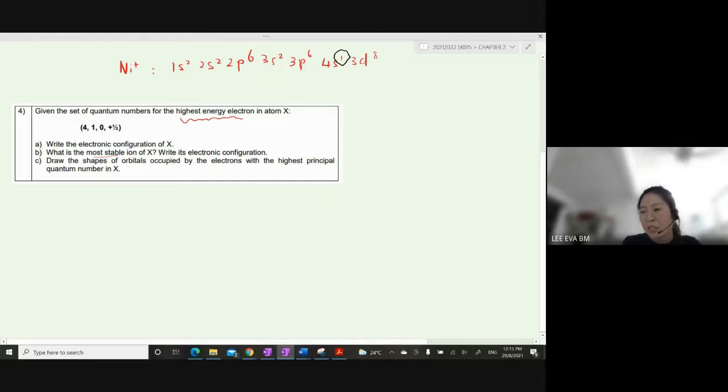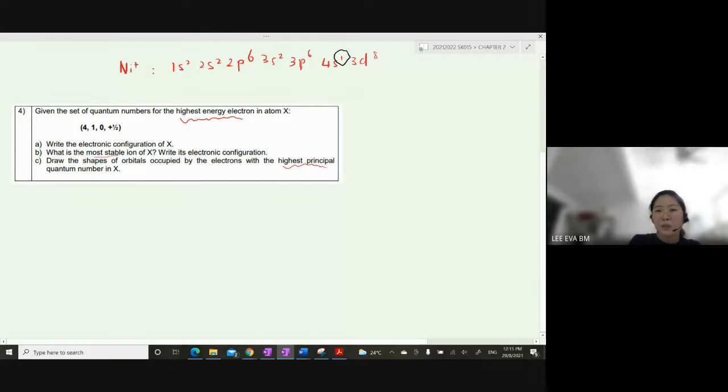Write its electronic configuration. And then draw the shapes of orbitals occupied by the electrons with the highest principal quantum number. Okay, soalan ini dapat daripada past year. Betul-betul daripada past year. So awak kena pay attention macam mana nak interpret soalan.